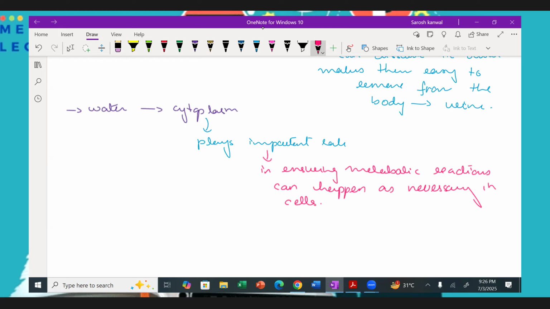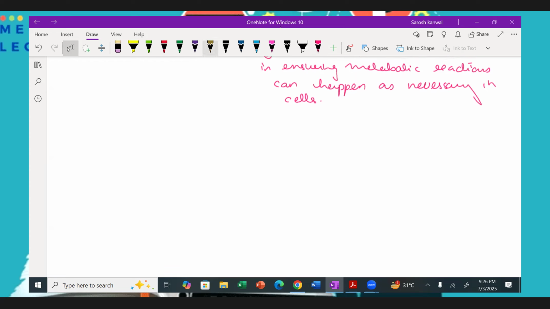Is there any other role that comes to your mind? One is that you know blood is made up of cells and plasma liquid.